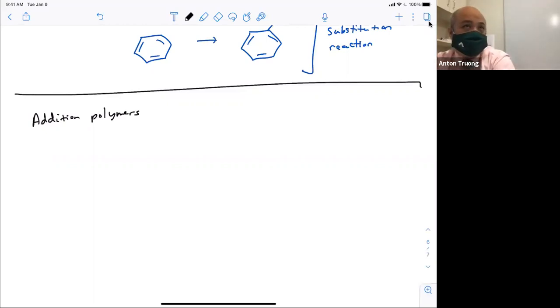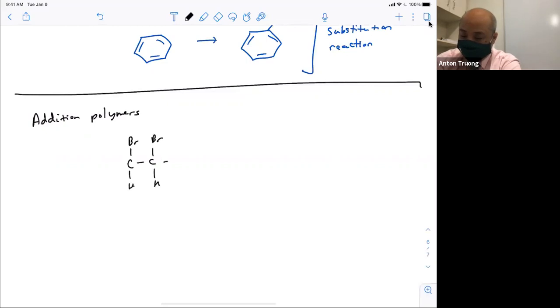A polymer is written in its repeating unit form. And so you might see something like this.